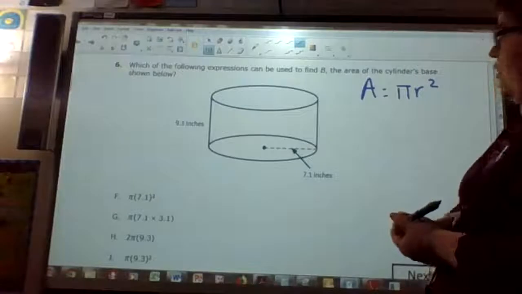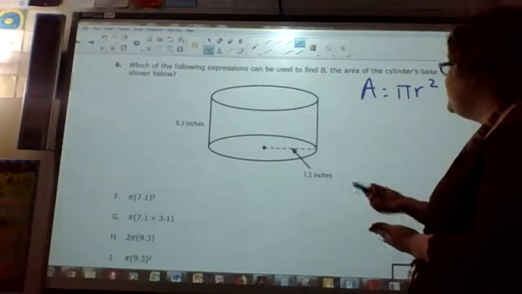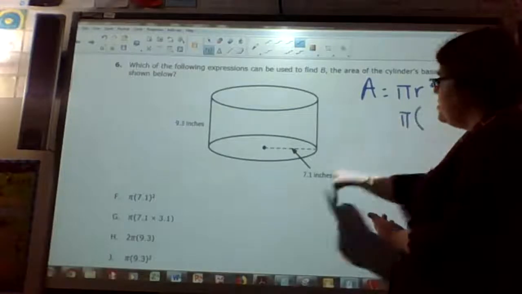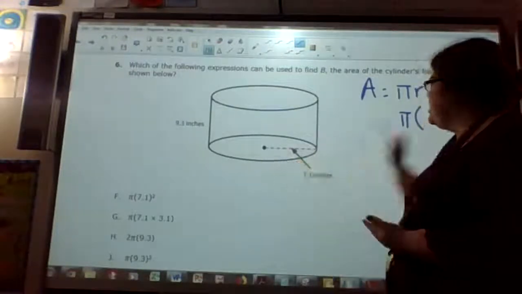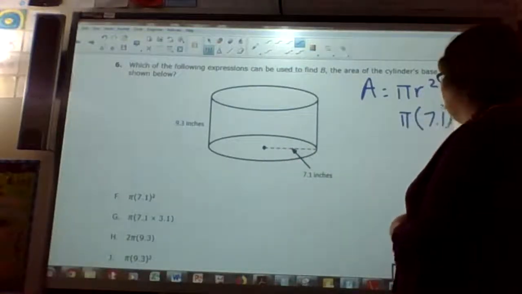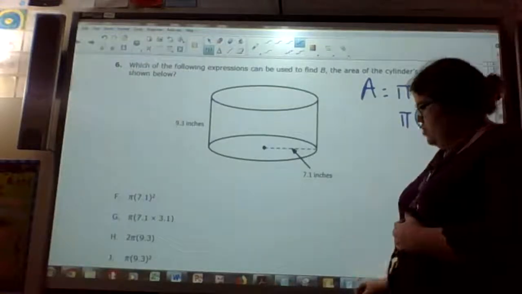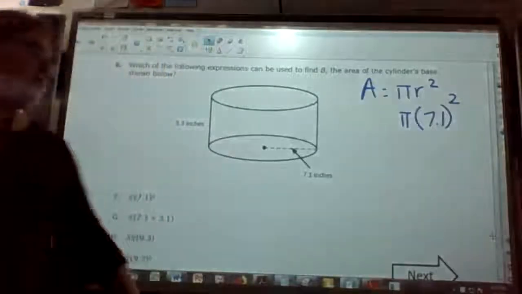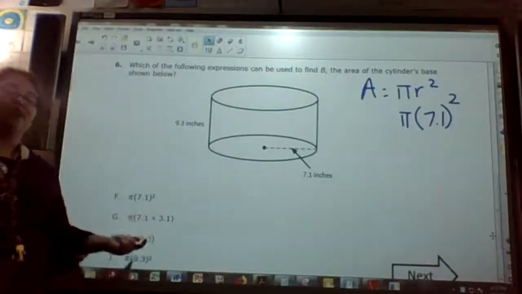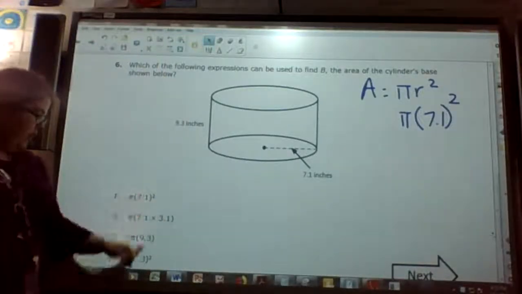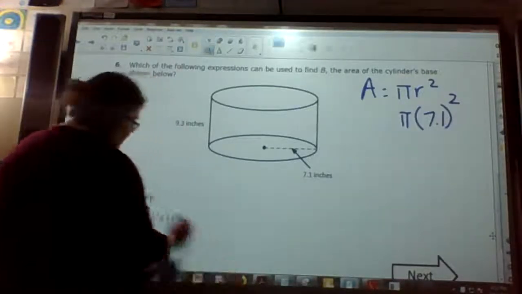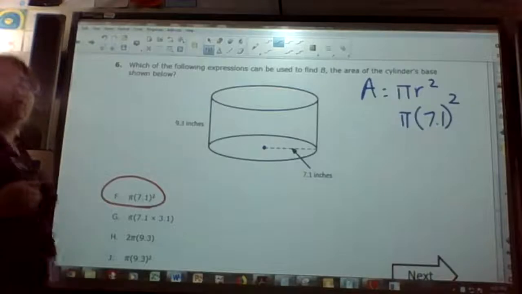And so now I'm just going to plug in my numbers from the problem. So I have pi. Instead of radius, I notice it's 7.1 to the power of 2. Now the answer choices aren't asking you to solve it. It's just asking you, what is that formula? So when I'm looking at my answer choices, F is the only one that tells me that. And that is your answer.